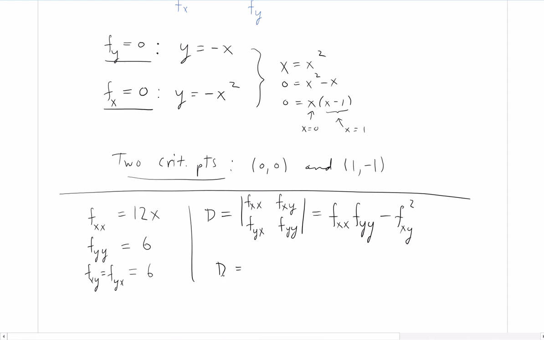So in this case, using what we just computed, this is 12x times 6, so 72x, minus 6 squared, which is 36. And we can factor out a 36. So this is 36 times 2x minus 1.